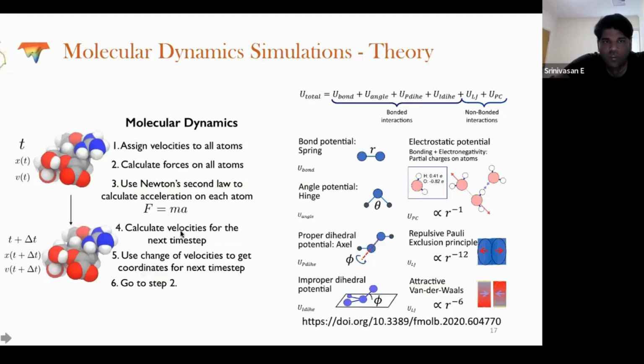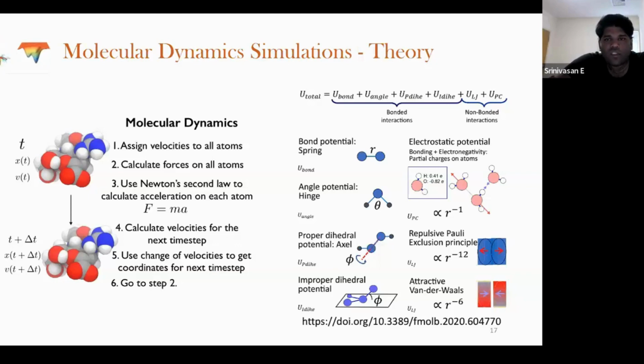This is how the system evolves. We have different algorithms, like the leapfrog algorithm or the steepest descent algorithm, to evolve to different conformations and get the three-dimensional structural coordinates. We repeat this process again and again to find the lowest free energy minimum of the structure.